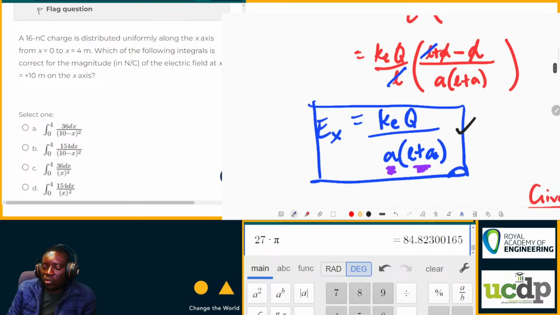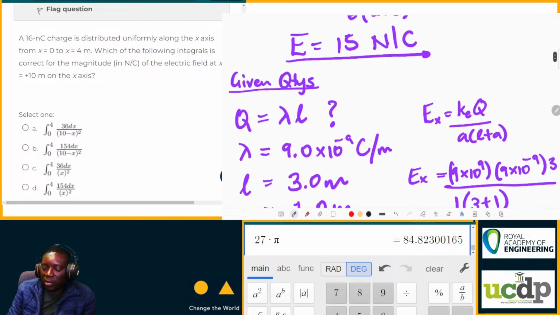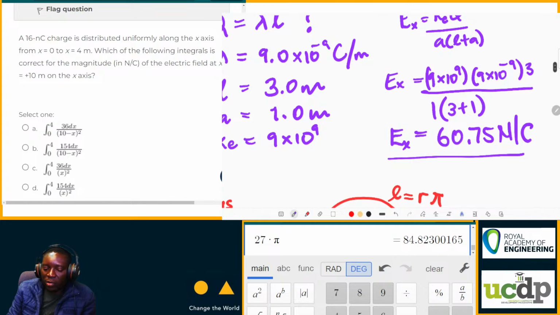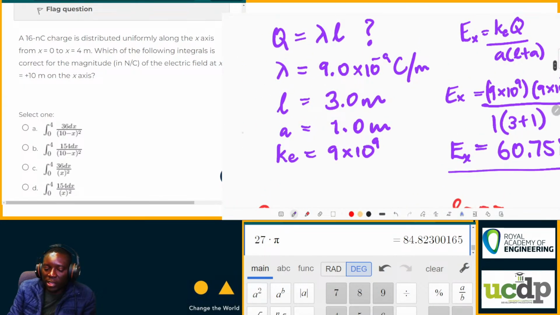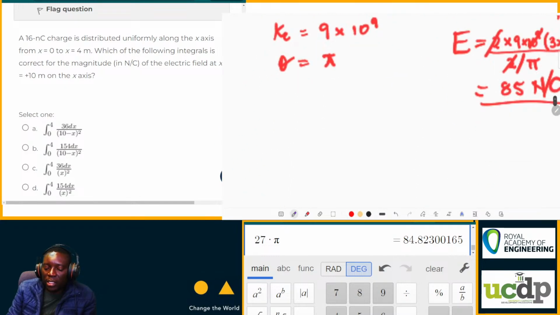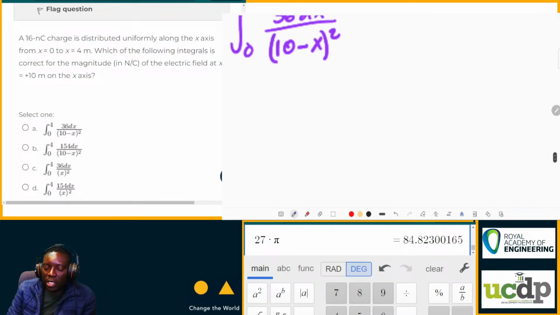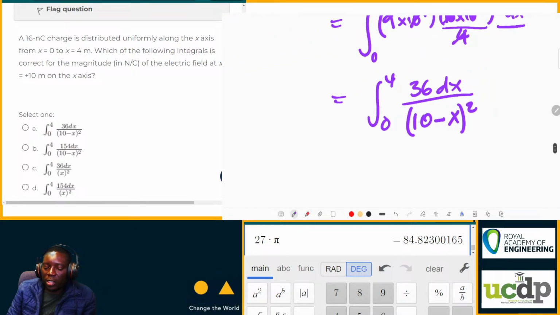That distance that we have always been measuring in this expression, when we had all these values, we had a point of measurement x, which was 4 meters, and L was 3, then A was 4 minus 3. This is the same thing we are using here: the point of measurement is 10, and x is any point along the length of the rod, which is only up to 4.